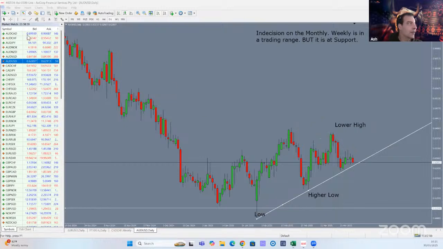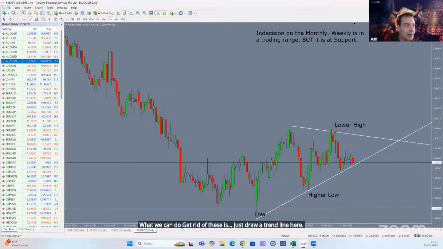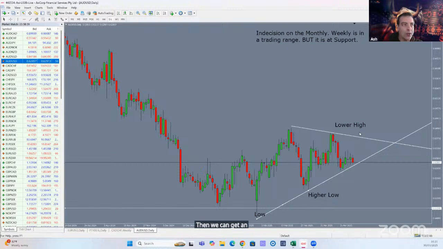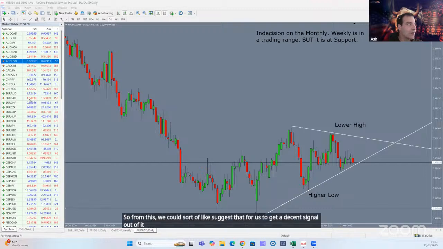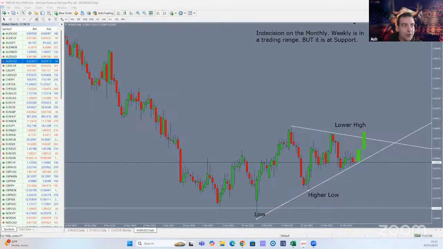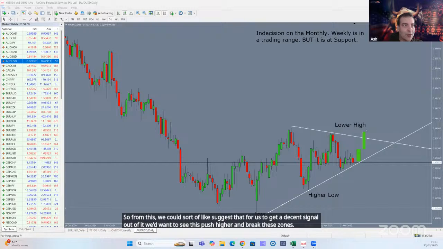And with that, what we can do, get rid of these, is just draw a trend line here. And then we can get an idea of what we might want to do. So from this, we could suggest that for us to get a decent signal out of this, we'd want to see this push higher and break these zones, probably breaking through this high as well.